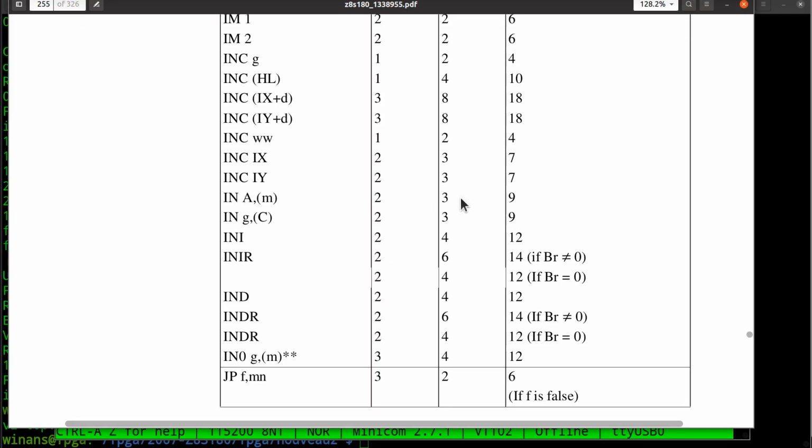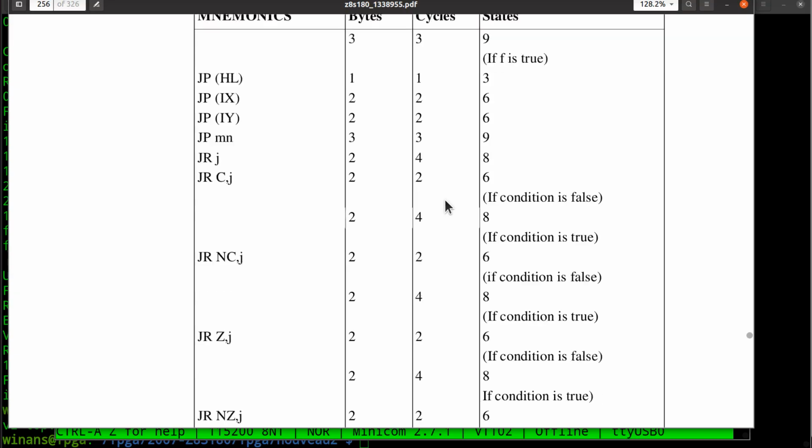It's got 2 bytes. It has 3 cycles. It's going to read opcode. It's going to read the 1-byte operand, and then allegedly do an I/O operation in 3 more T-states. When all I/O operations have a mandatory wait state in there, this has to be 10. This is just wrong, okay? And we'll see that in a second.